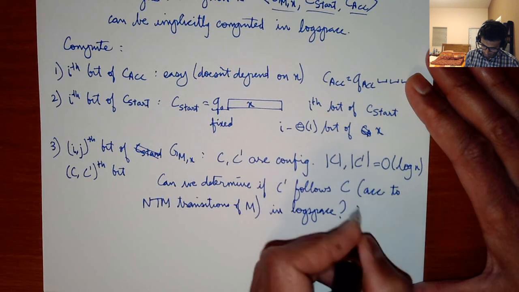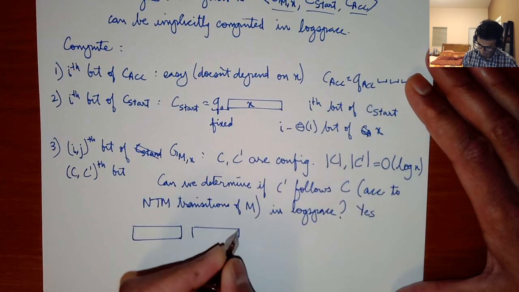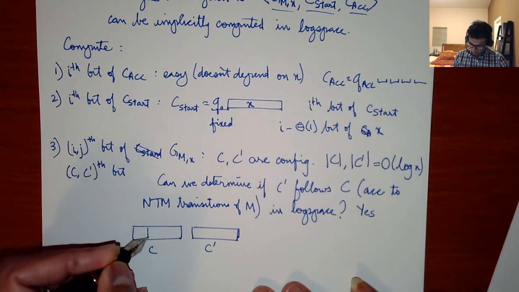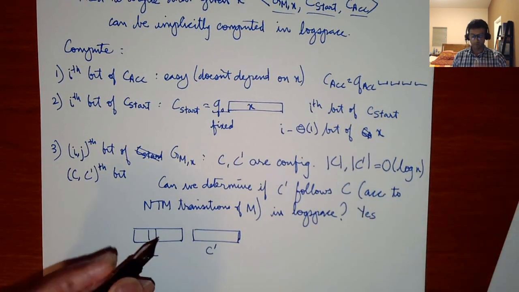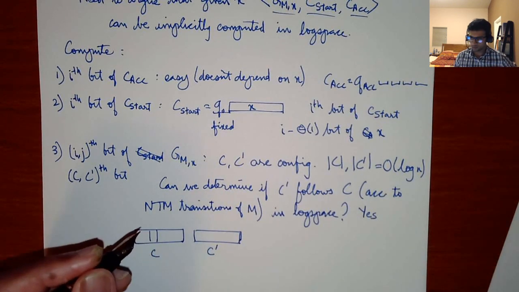And the answer, of course, is yes, because if you're given C and C prime, as we've discussed, we just need to check that there is a head and the head moves by one step using the transition function.